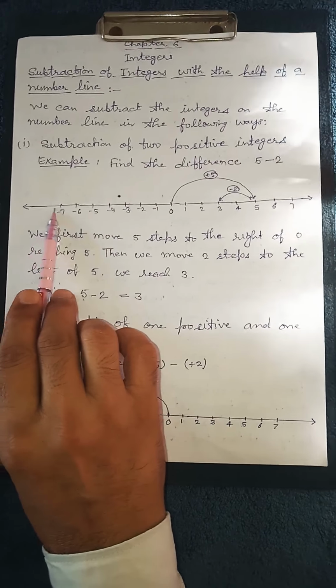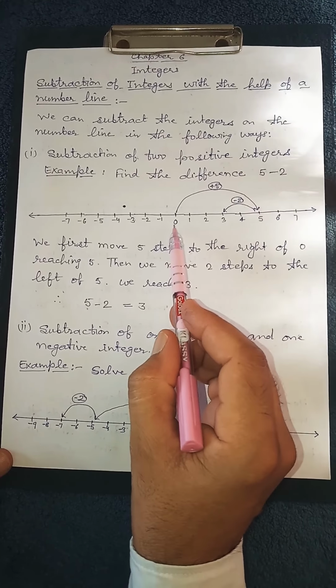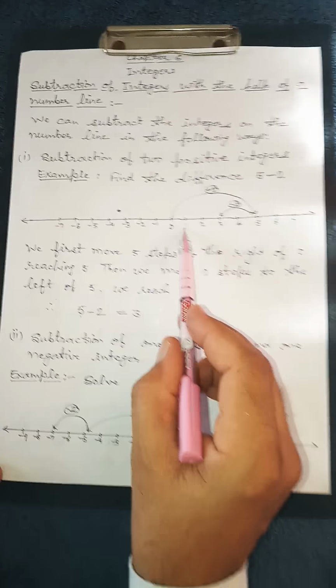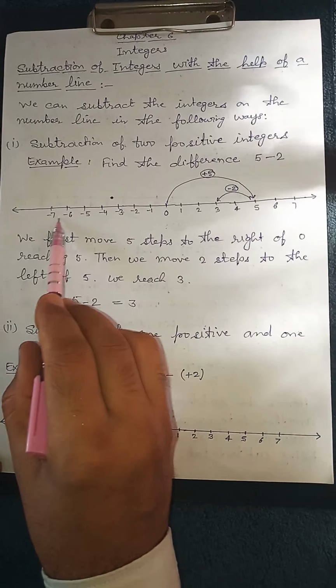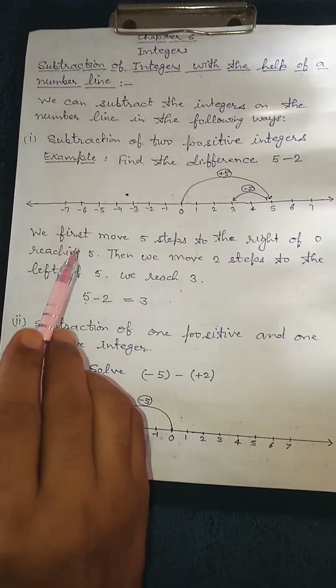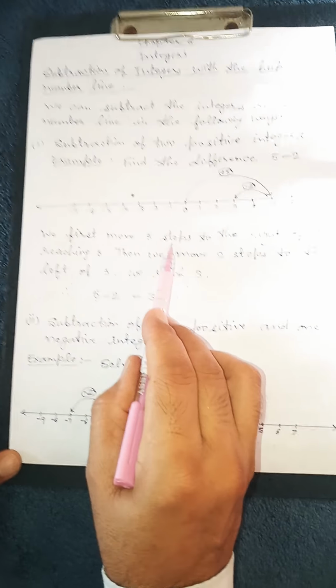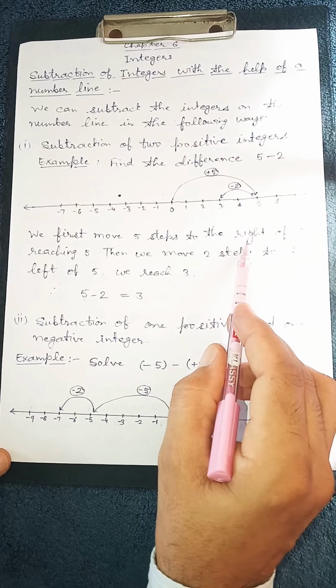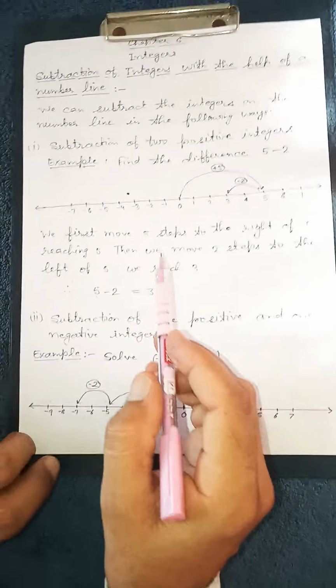First we draw a number line and put positive integers on the right side of 0 and negative integers on the left of 0. We first move 5 steps to the right of 0, reaching 5.